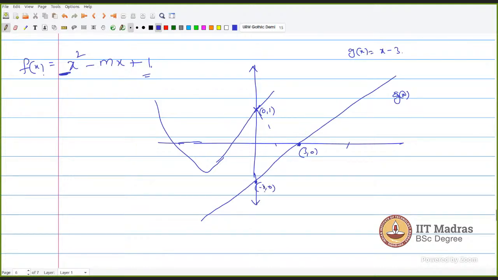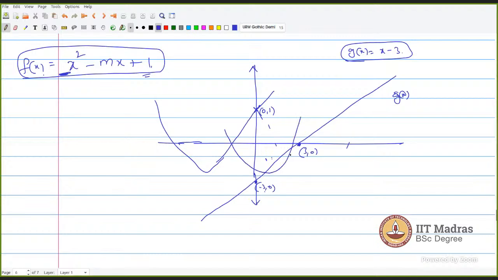So what we said is, if these two touch or intersect, that means this function f of x and this function g of x have a common value at some x. If my parabola is intersecting like this, then at this particular point and at this particular point, if I take x equal to these points, my function values are the same.